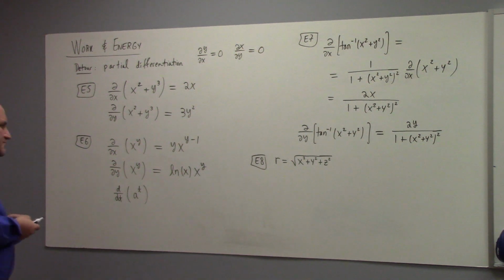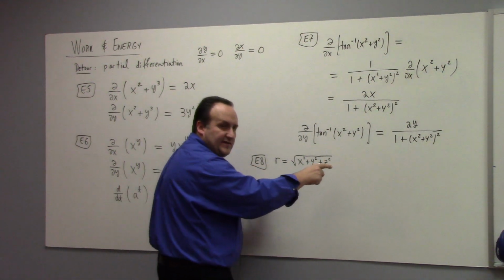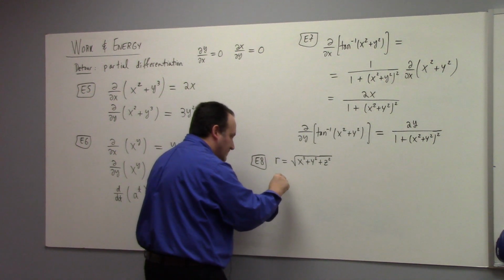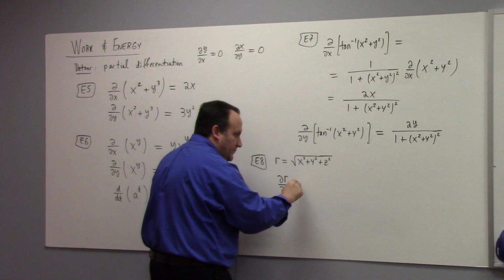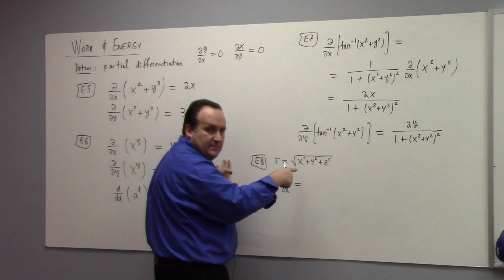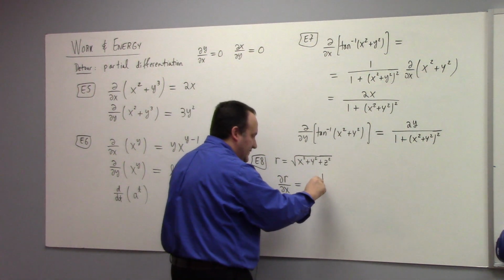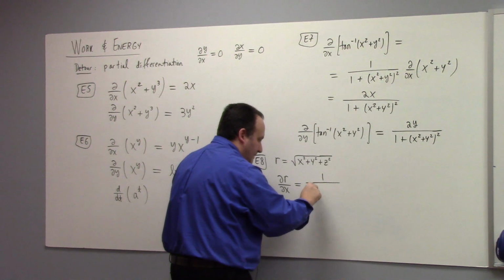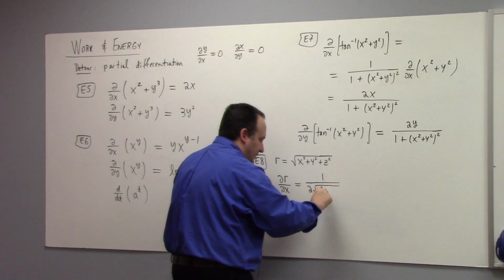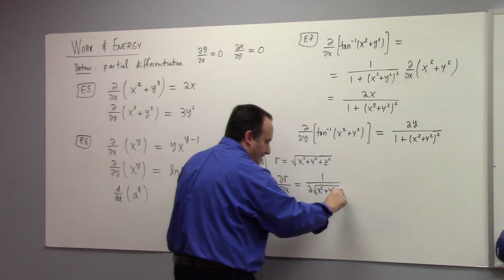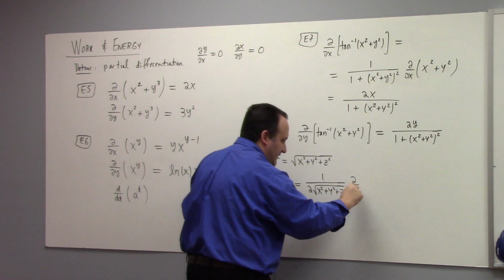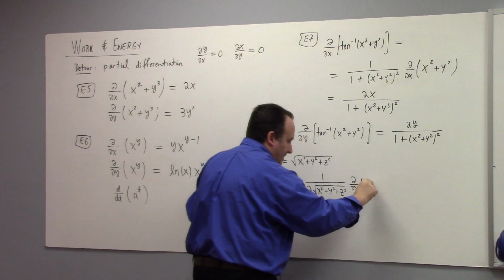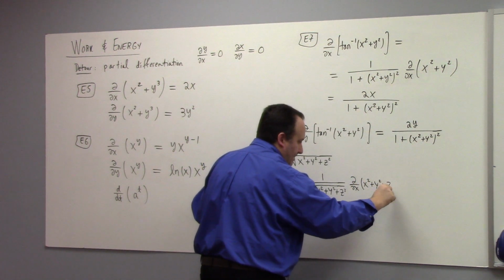But anyway, what is partial r partial x? How does that work out? We differentiate the square root function, right? So we go 1 over twice the square root of x squared plus y squared plus z squared, yeah? And then partial x of the inside function, chain rule, yeah? So how does that work out?